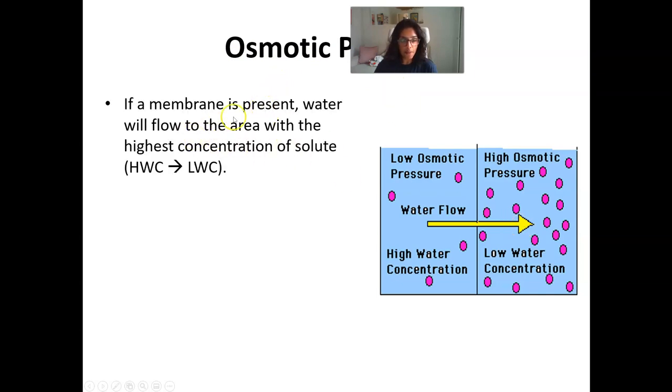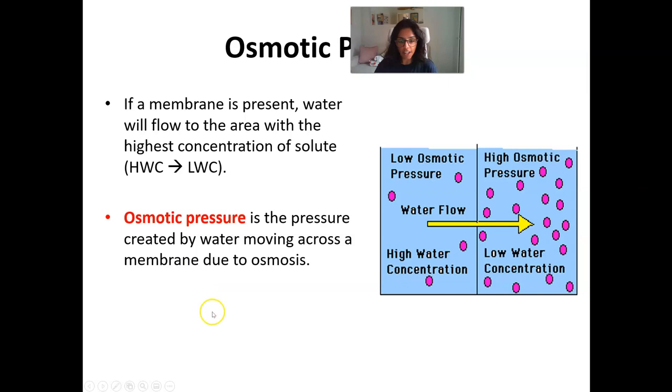If a membrane is present, water will always flow from a high water concentration to a low water concentration, that's osmosis, and it can change the osmotic pressure of cells in your body. So osmotic pressure is the pressure created by water moving across a membrane due to osmosis.